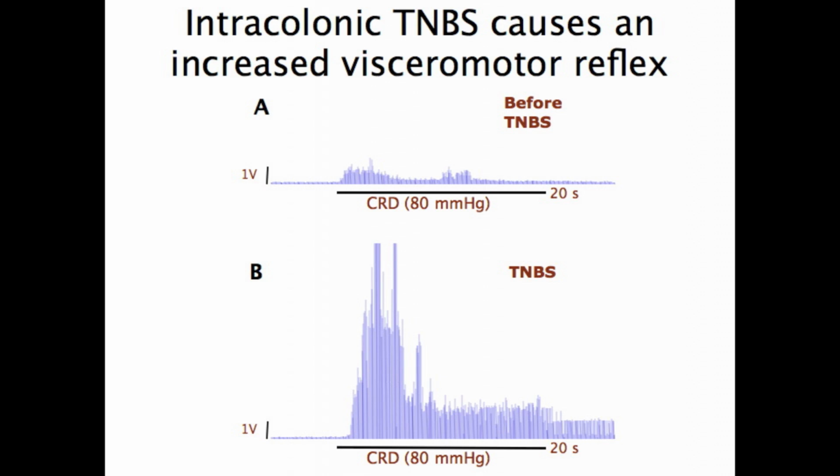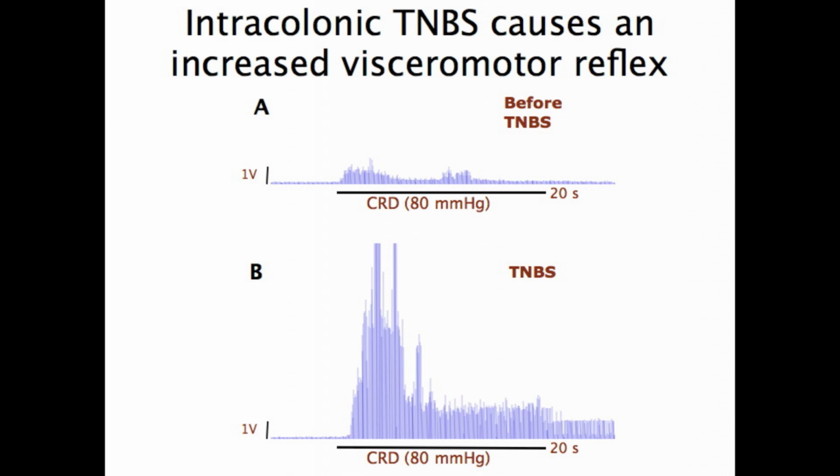The way that we report it is we integrate it and report an area under the curve during stimulation, and we subtract from that the baseline. This is the normal response before the hapten has been given, and after we induce inflammation, you can see that the response is markedly increased, meaning that we have induced visceral hypersensitivity.